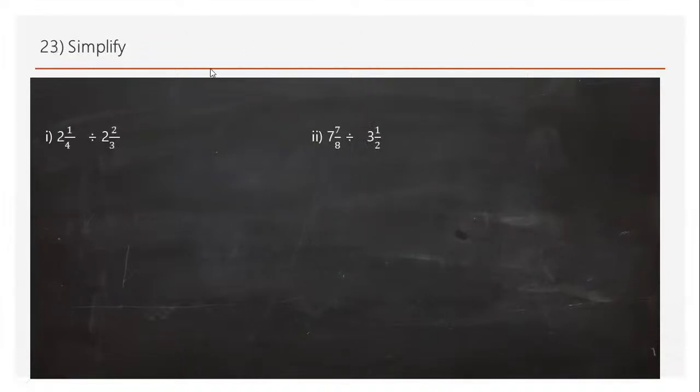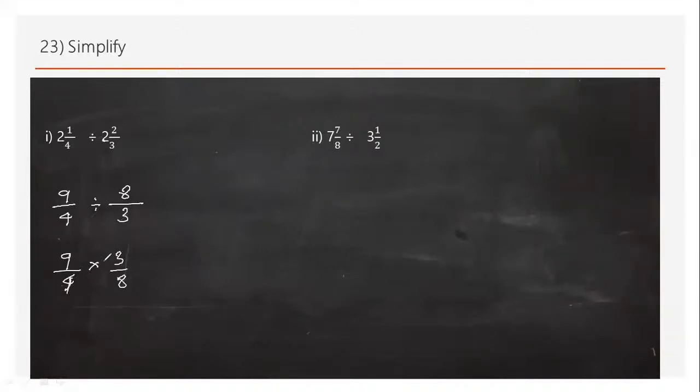Question number 23, simplify. 4 times 2, 8, 8 and 1, 9 over 4, divide by 3 times 2, 6, 6 and 2, 8. 3 times 2, 6, 6 and 2, 8, 8 over 3. So 9 over 4 into 3 over 8.